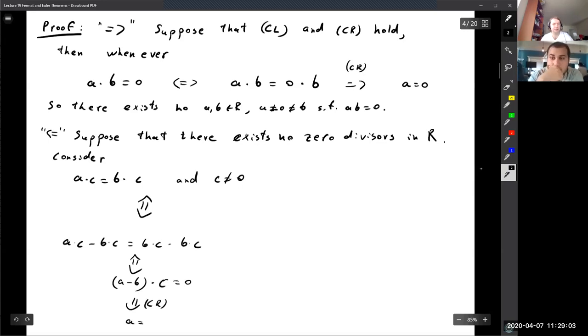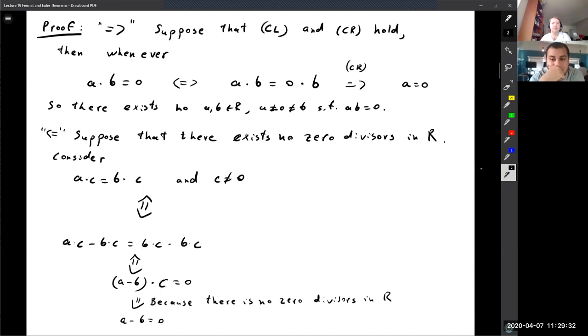Oh, sorry. We're proving the right cancellation. Now, because there is no zero divisors in R, that would imply that A minus B equals 0.